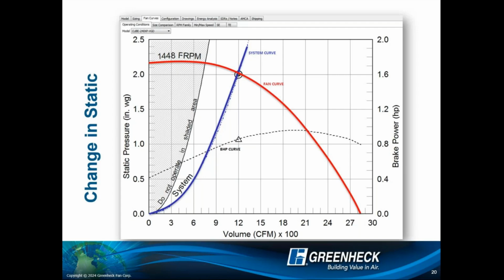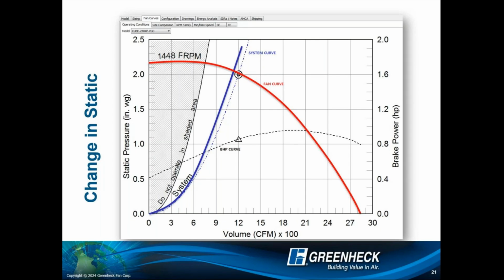So let's represent this on this fan curve. I'm just going to add a 1/4 inch. Notice that that system resistance curve arced up, right? And this is only a 1/4 inch. Now, my new intersection point at 1448 fan RPM has me moving, let's call it 1100 CFM. Great, but that's not what I paid for.